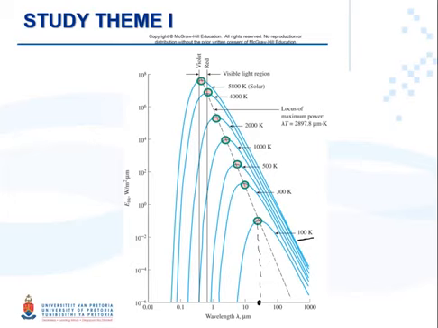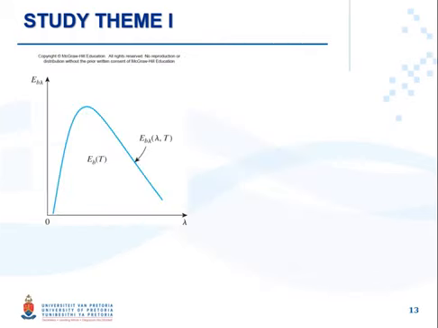Okay, but we want to know where this maximum value happens, at what wavelength. We call this wavelength lambda max. Okay, so in the next slide I'm going to show it, and I'm going to tell you how to calculate it. Okay, so look at that.